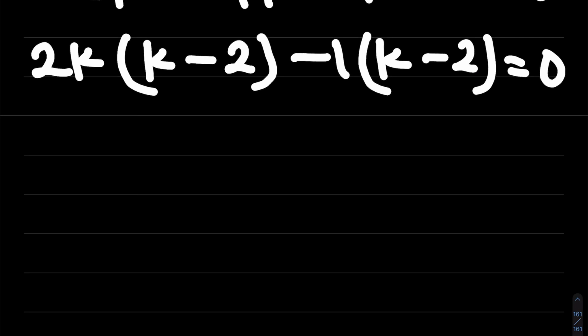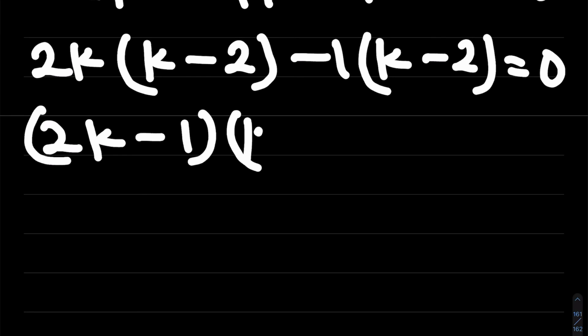And this means 2k minus 1 times k minus 2 equals 0.